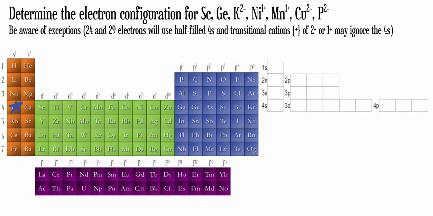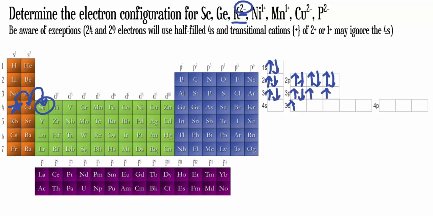Let's try it with potassium. But the potassium isn't just regular potassium, it's going to have a -2 charge. Since it has a -2 charge, it's going to go out 2 additional spaces and going to fill in like scandium. Now we've already done scandium, and so it will fill in the exact same way. It'll finish in the 3d1.